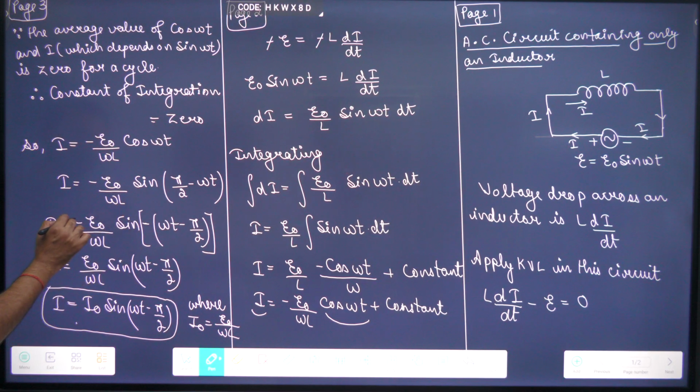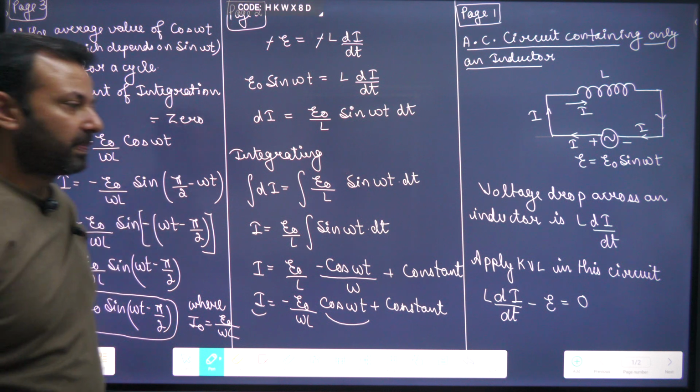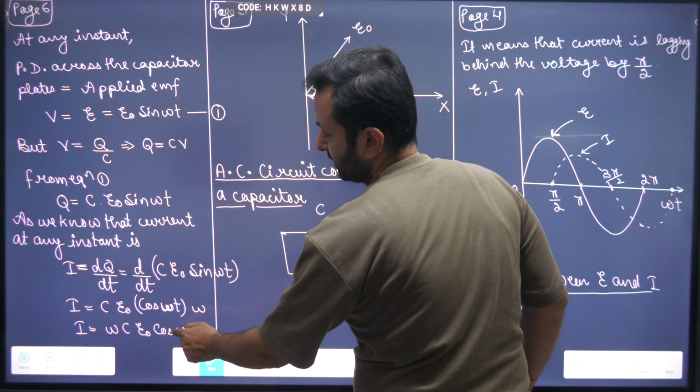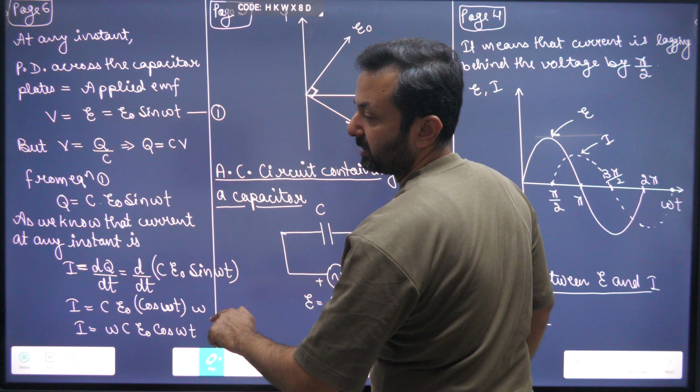Then the minus sign comes outside and gets multiplied by this minus sign, so the value of current becomes positive. I want the value of current to be positive, and I want this omega t also to be positive. So in this capacitor case, I cannot write sine 90 minus omega t.